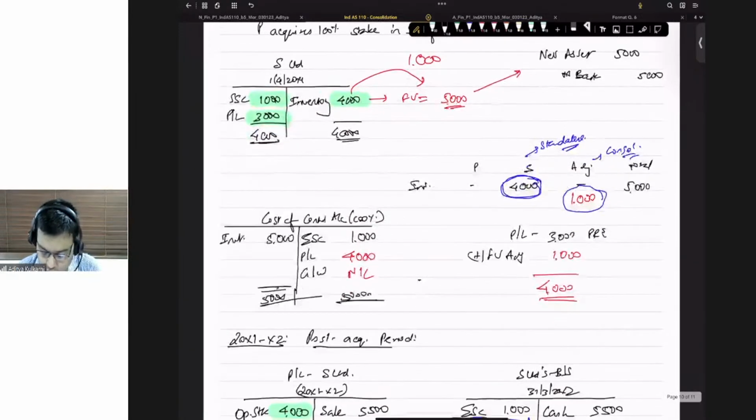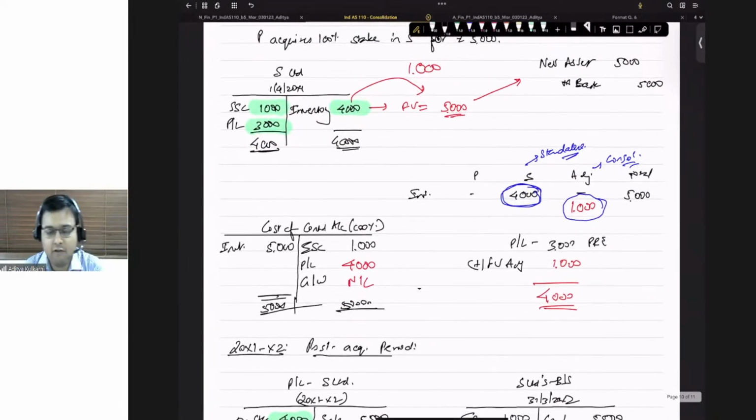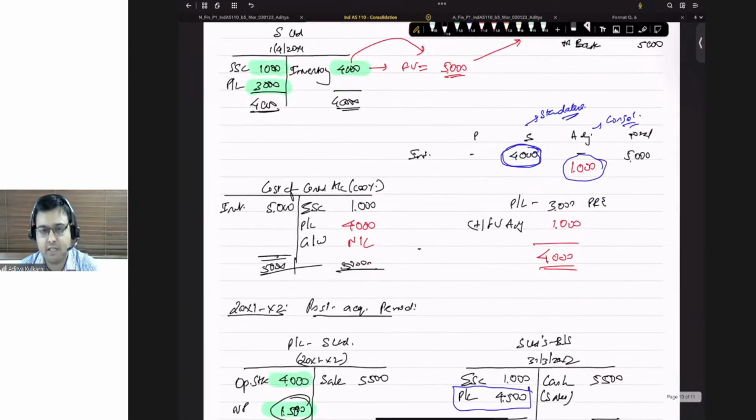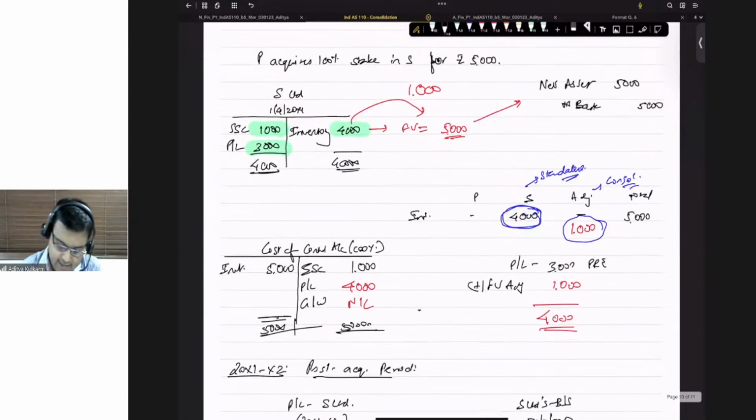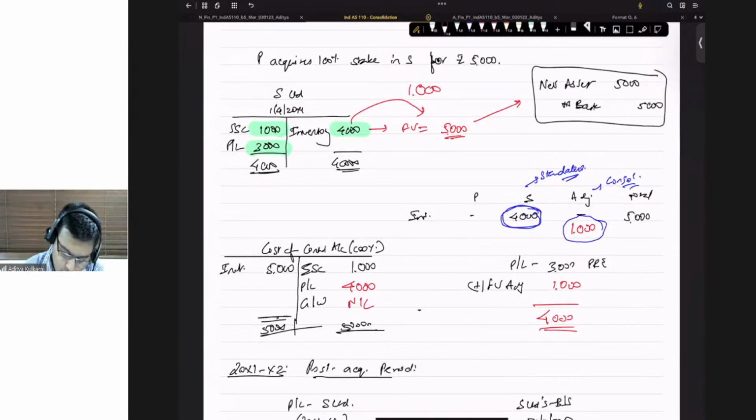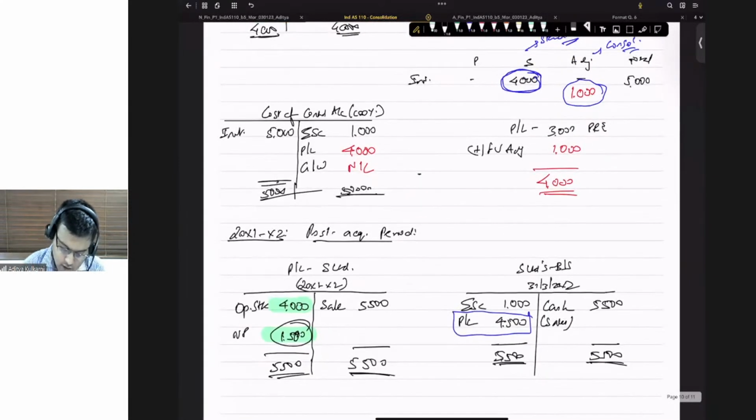So therefore, what do we do is, I will have to do a fair valuation of this inventory on 31st March 20X2 when I'm actually consolidating. Now, for the purpose of consolidation, let us understand what I'm going to do. This is an item of inventory. So inventory is not depreciated. Inventory gets sold. Sale gives rise to profits.